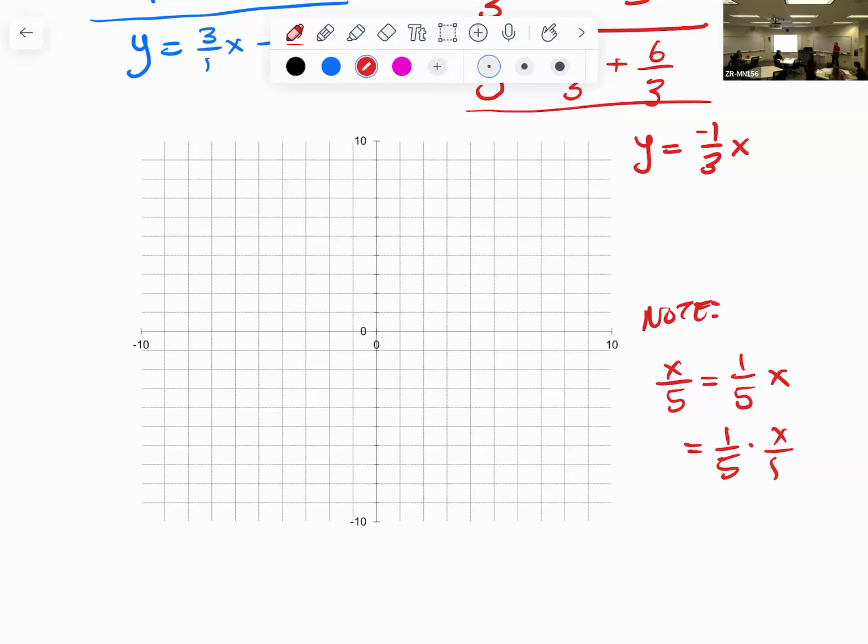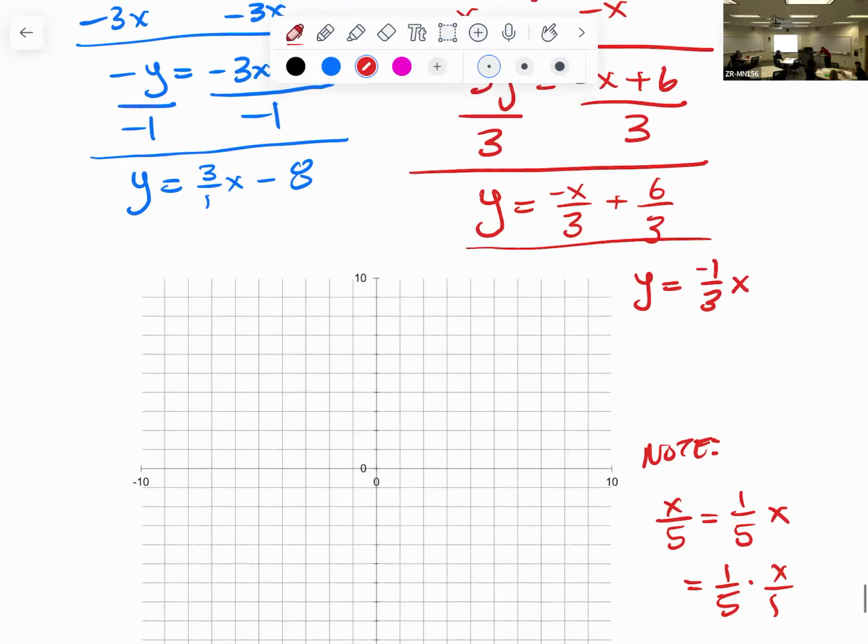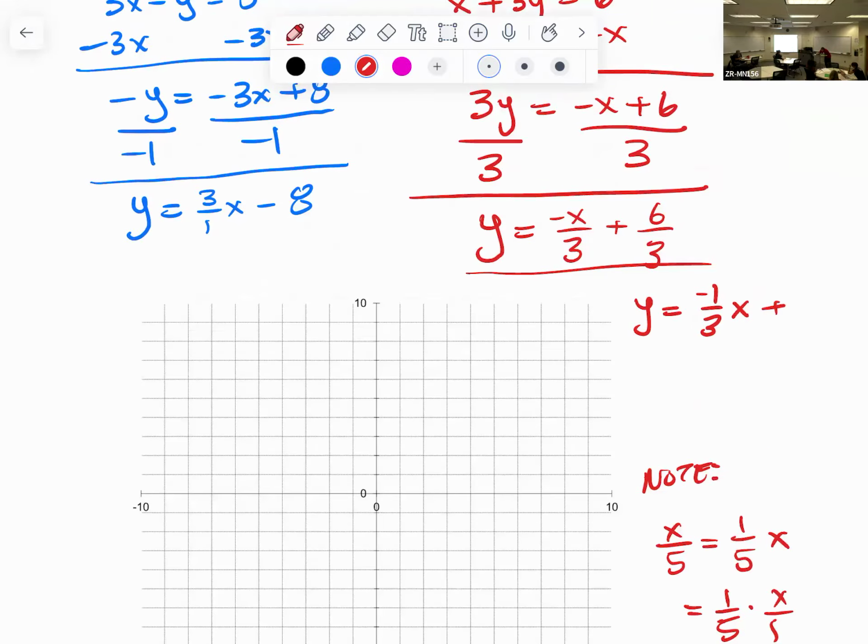We can write this, but people struggle with pulling stuff out of the numerator and putting it behind. Be careful when you pull it out that it doesn't end up in the denominator. x/5 is not the same as 1/5 x. Okay, and then plus 2.